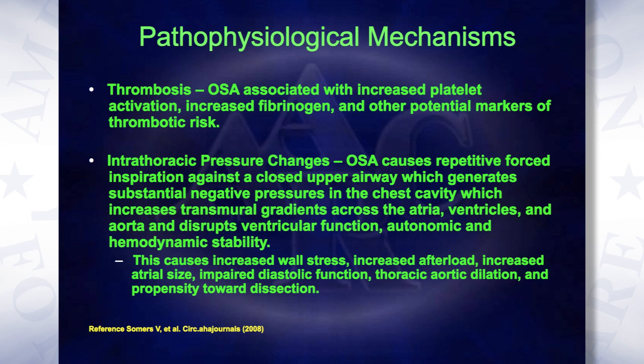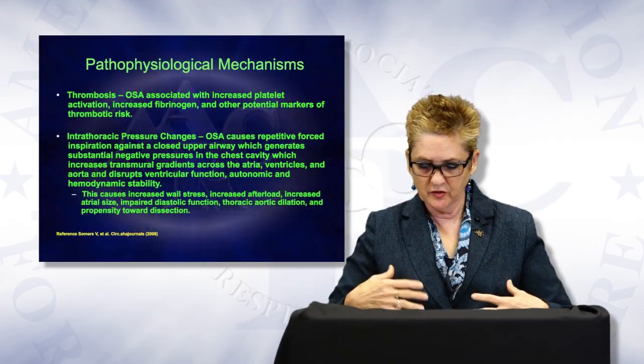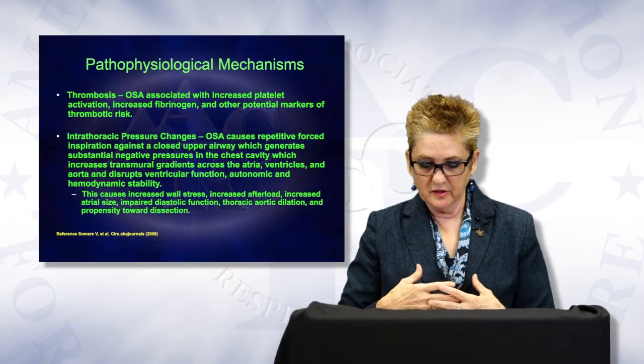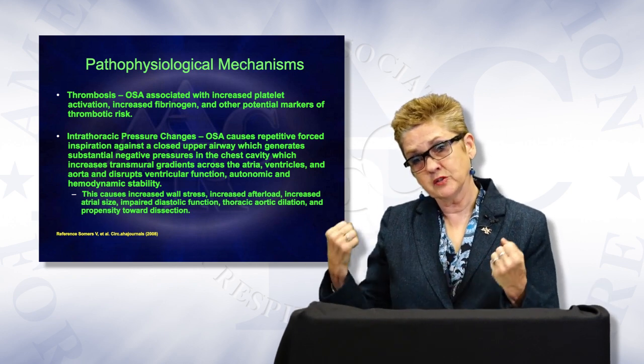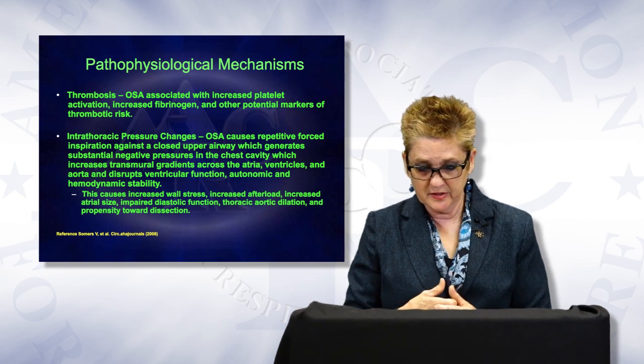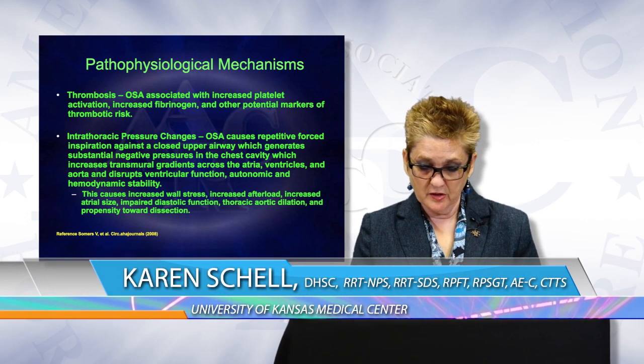When I talked about intrathoracic pressure changes, what we're doing is, when you breathe in and out, you have this increased repetitive force during inspiration against a closed upper airway, and this generates a negative pressure in the chest, which increases the transmural gradient across the heart, the atria and the ventricle. So the heart has to work harder to pump blood throughout the system, and this can disrupt ventricular function and cause hemodynamic instability.